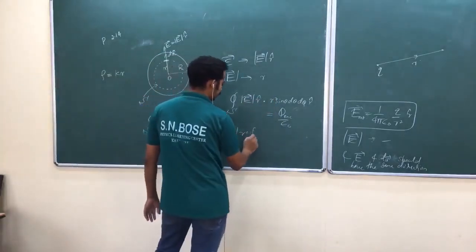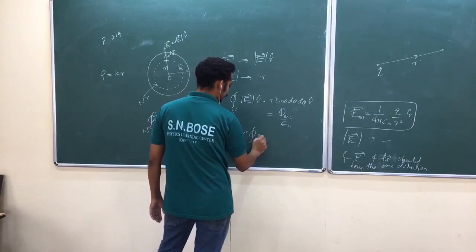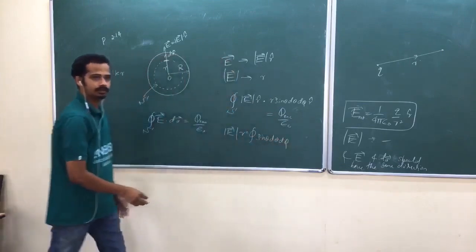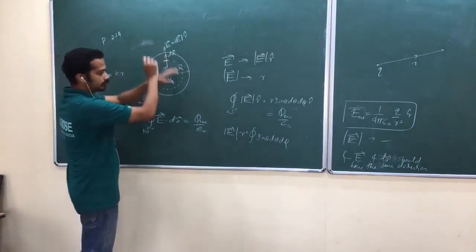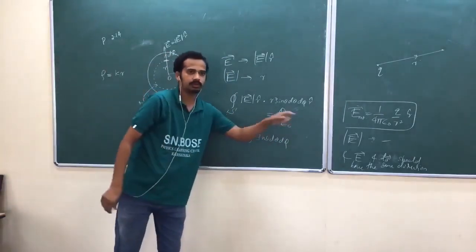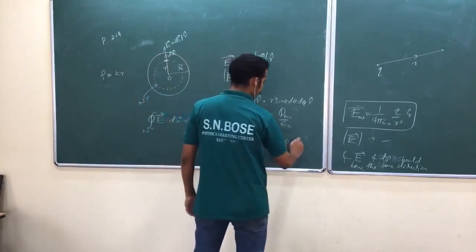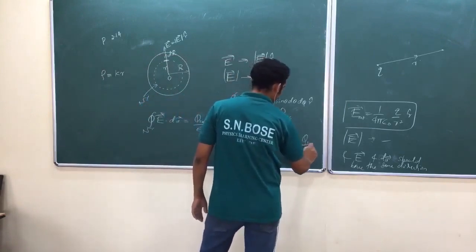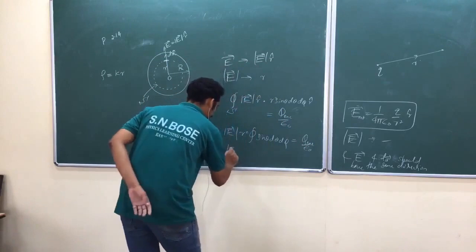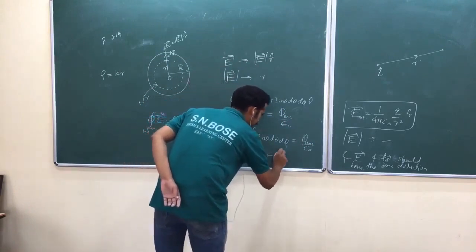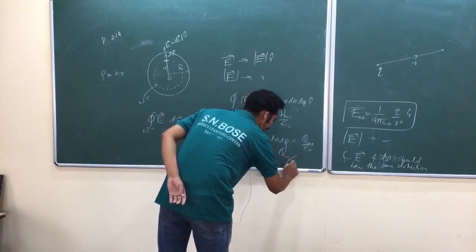R squared comes out, so sin theta d theta d phi. To integrate throughout the surface, theta should run from 0 to pi, and phi from 0 to 2 pi, isn't it? Mod of E R squared into 4 pi is equal to Q enclosed by epsilon naught.